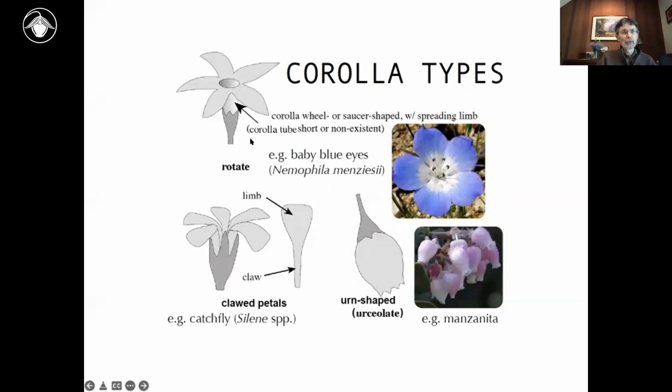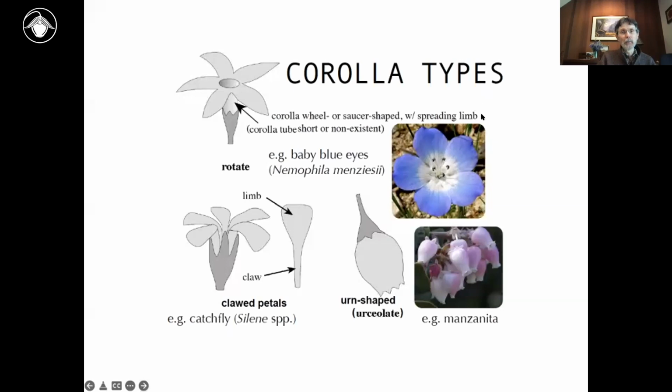Rotate is a term that's not as obvious, but what that means is that the lobes of the corolla flare widely, and there's a very short tube. So this is a term for a plant with fused petals, where we have a very short tube at the base where the parts are fused together, and then widely spreading lobes.